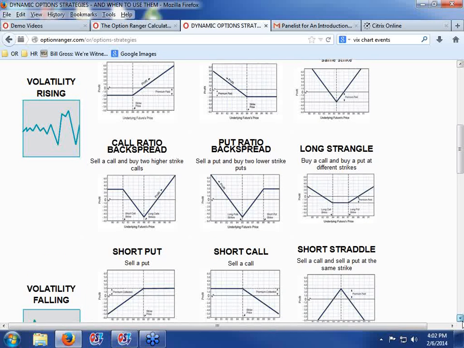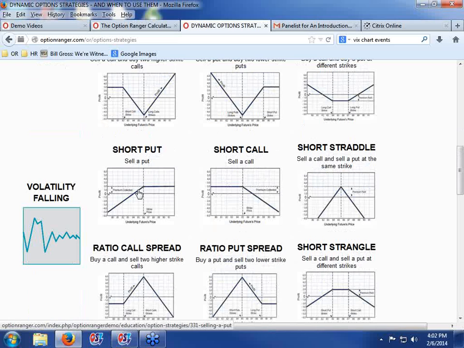This is called selling premium. Whether you sell a put, which means you think the market's going up with falling volatility, or whether you sell a call, which means that the market's going down with falling volatility, your expectation is that the market's going to come down in volatility.